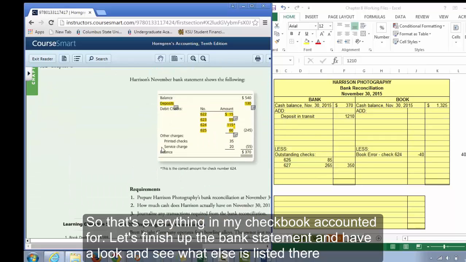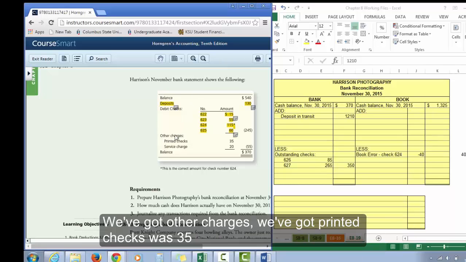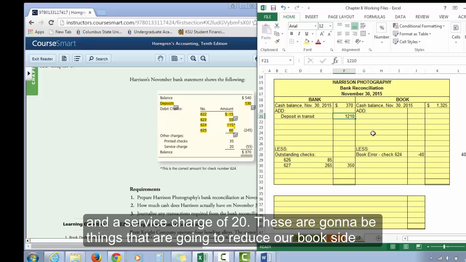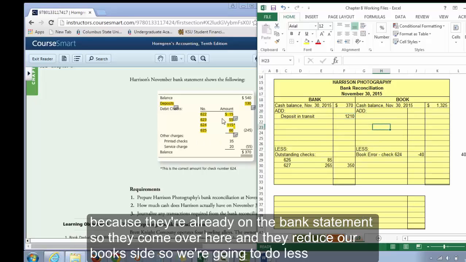Now let's finish up the bank statement and have a look and see what else is listed there. So on our bank statement, we've got other charges. We've got printed checks was $35 and a service charge of $20. So these are going to be things that are going to reduce our book side because they're already on the bank statement. So they're going to come over here and they're going to reduce our book side.